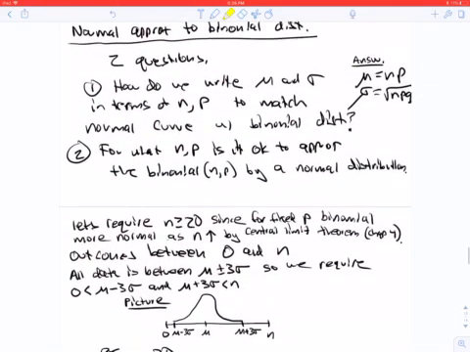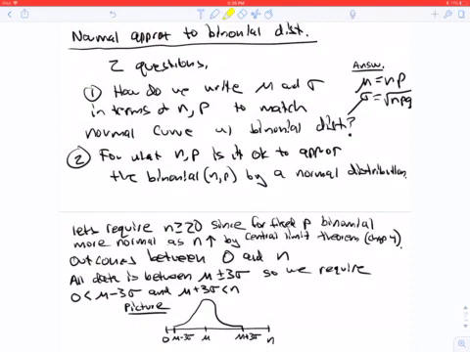Now, the normal approximation to the binomial distribution leads us to two questions. How are we going to match the normal curve with the binomial? And the answer is that mu is np and sigma is the square root of npq. The second question is, when is it appropriate to do this?